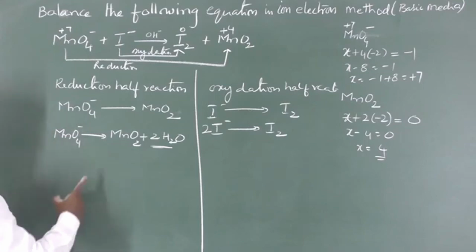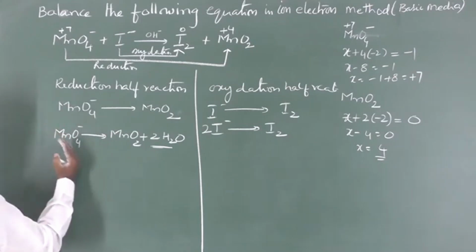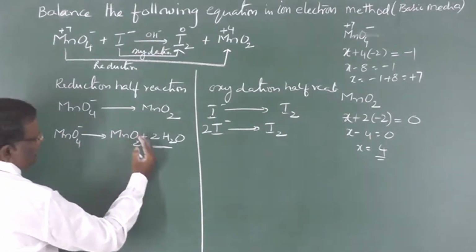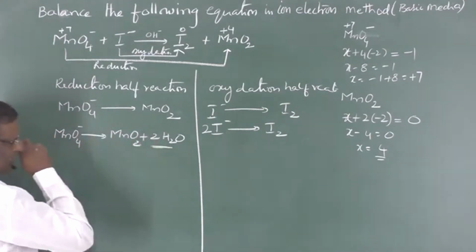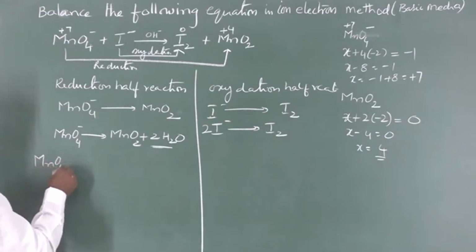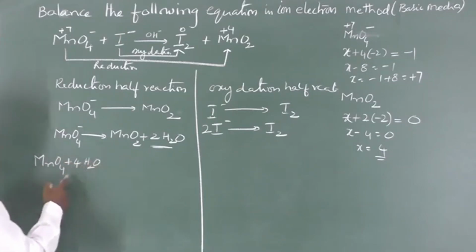While balancing hydrogens, you have to add H2O molecules to the deficient side and the same number of OH minus ions on the opposite side. Here 4 hydrogens are there. So you have to write 4 H2O to the deficient side.